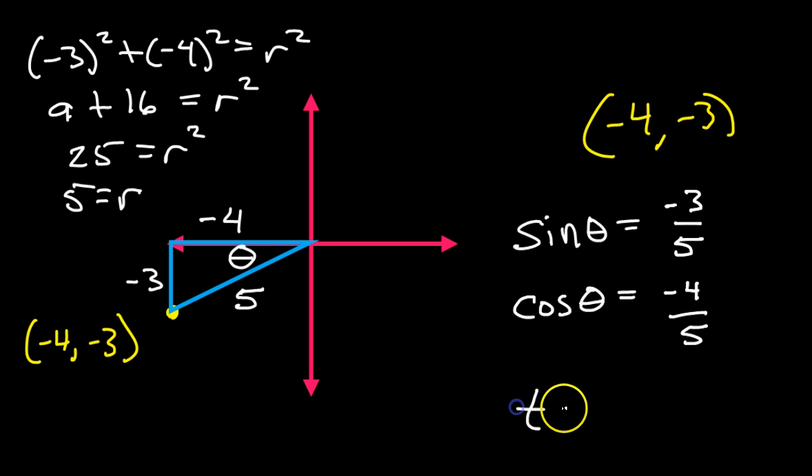And the tangent is opposite over adjacent. So that is -3 over -4. However, a negative divided by, what did I say? A negative divided by a negative is a positive. So please do not put the negative signs. So these are the original 3 trig functions.